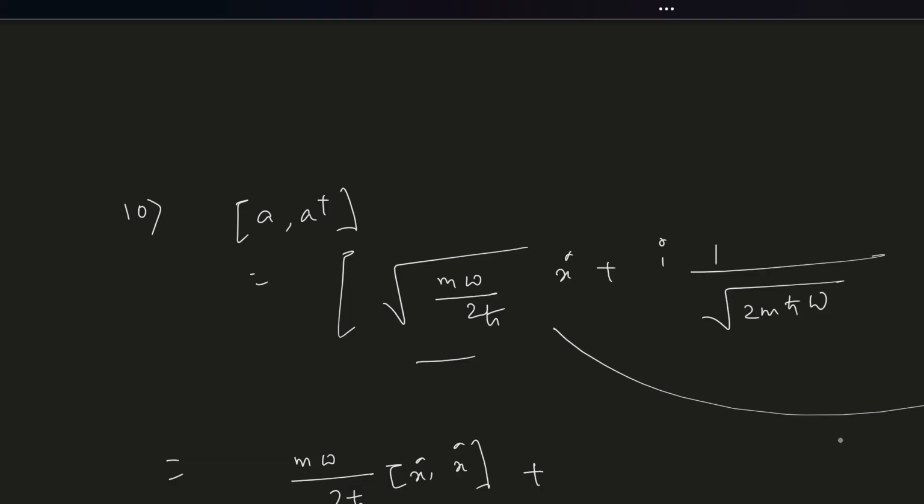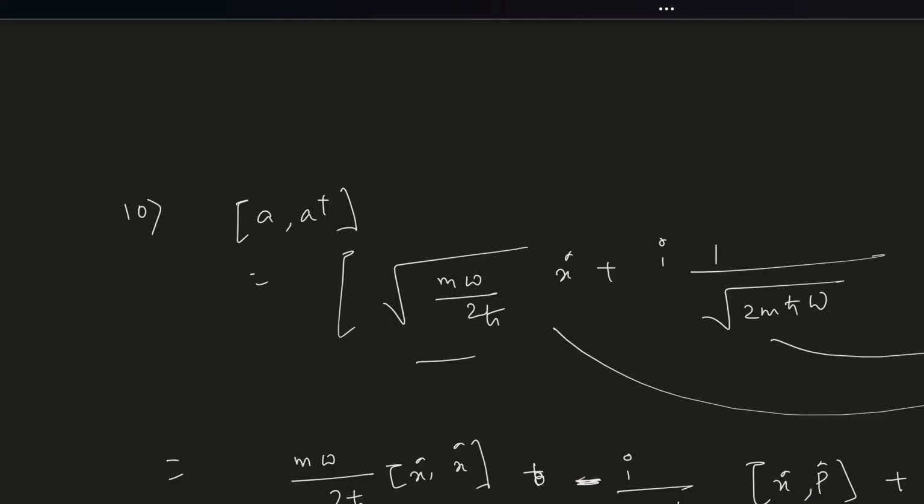This with this will give you a minus sign of i into 1 by 2 h cut, because m omega cancels out, and then [x, p]. Plus, this with this you have to see is plus i, m omega cancelling out, by 2 h cut, then [p, x].